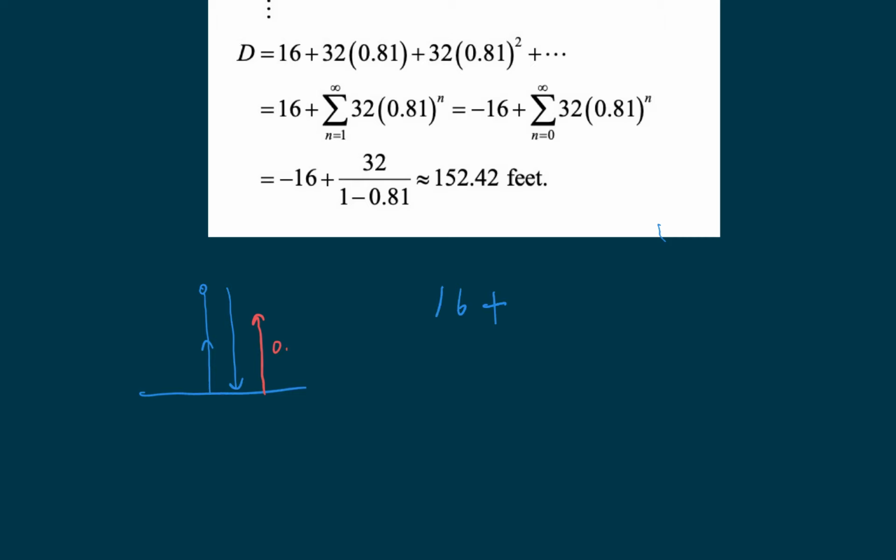Now on the next step, it will go up 0.81 times h, where h is the 16.